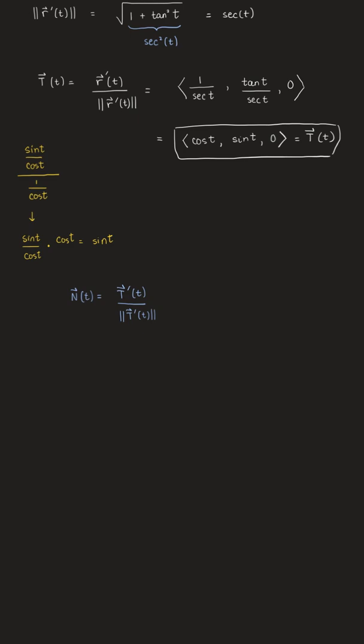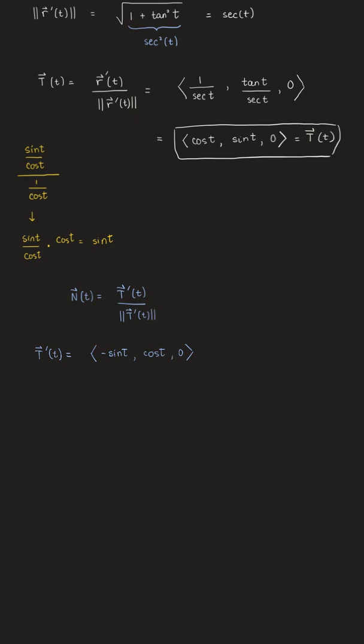We're going to differentiate our unit tangent, T prime of t, component by component, and that's going to give us negative sine t. The derivative of cosine is negative sine. The derivative of sine is cosine t, and the derivative of 0 is just 0.